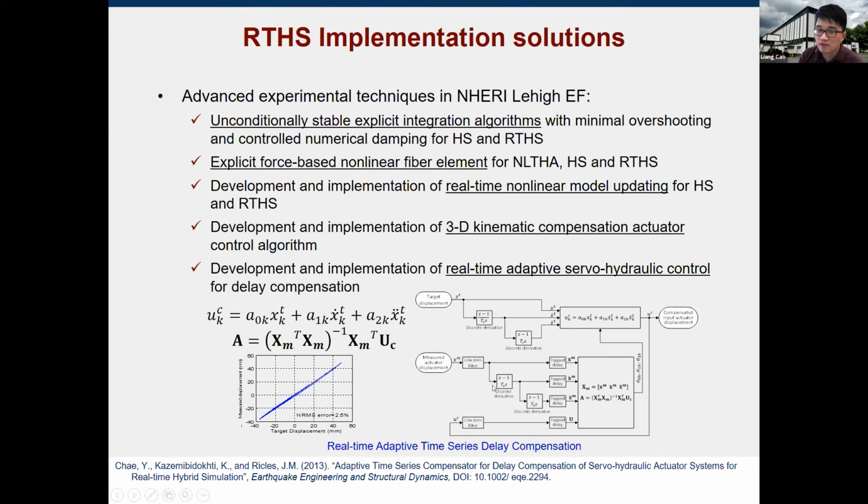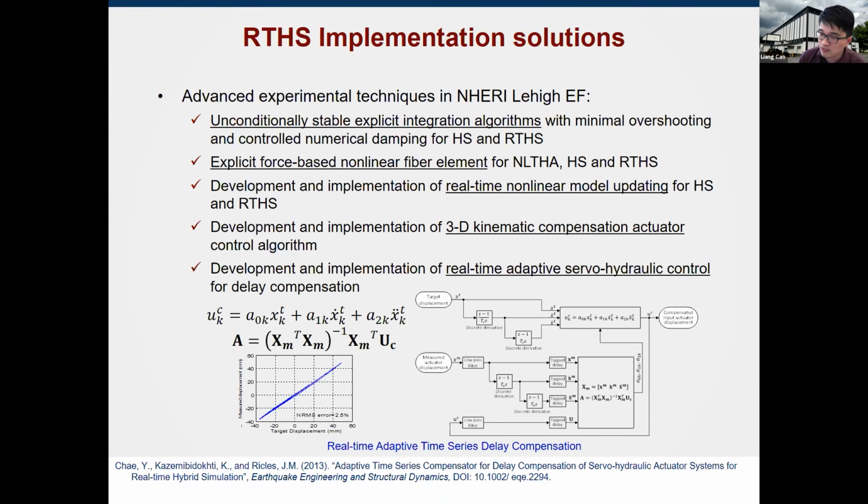The fifth one is for the hydraulic actuators. We know we always have a delay from the hydraulics, or amplitude errors if you have nonlinear behaviors in your test specimens, like materials that can generate amplitude errors. You want to develop an adaptive servo hydraulic control for these delay compensations.